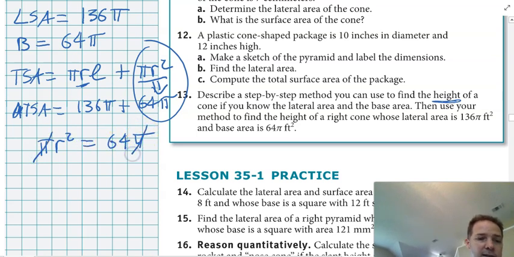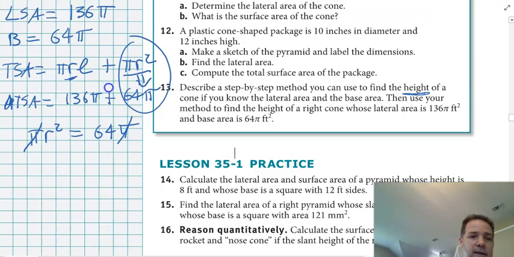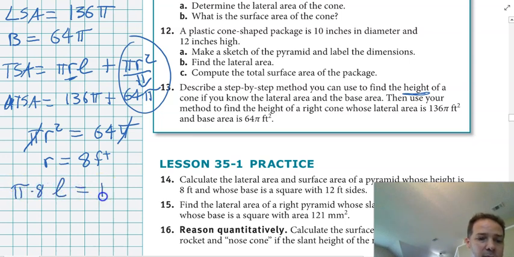So the pi's cancel out, take the square root of both sides. I get r equals only positive 8 because I can't have a radius that's negative. So the radius equals 8. Now that I know the radius is 8, I can plug that in there. So I know that pi times 8 times L has to equal 136 pi.